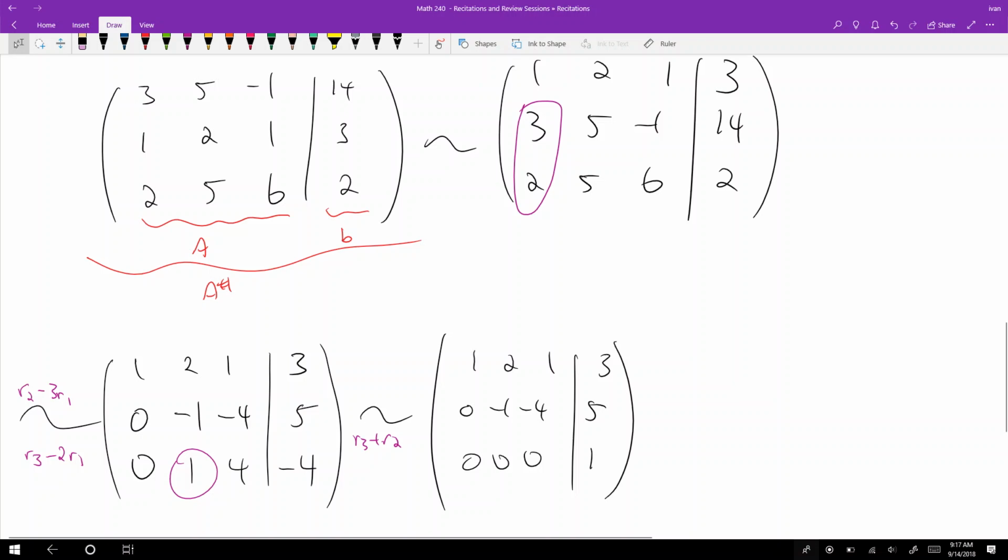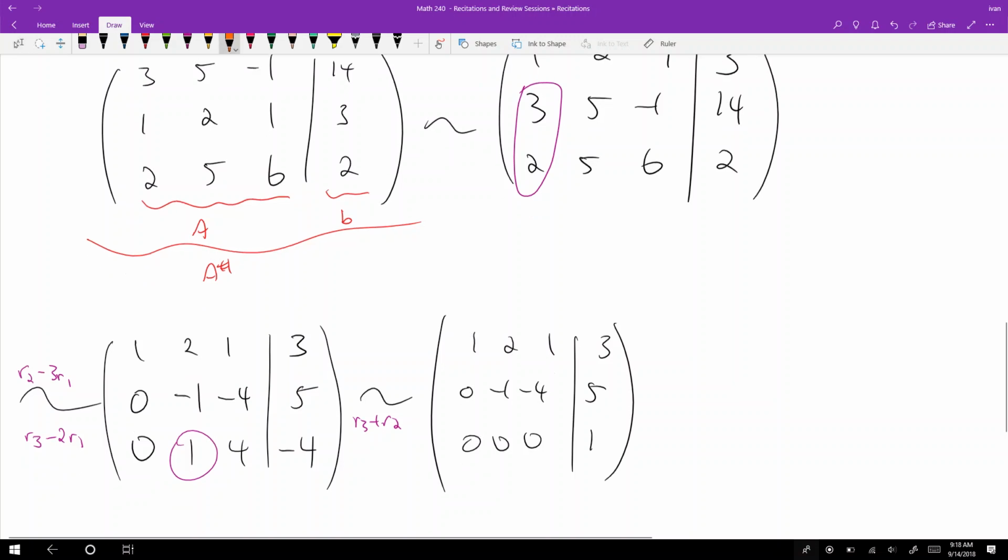Okay, so what do I have? What is that matrix telling me? Okay, so sure, if we look at the number of pivots, right?